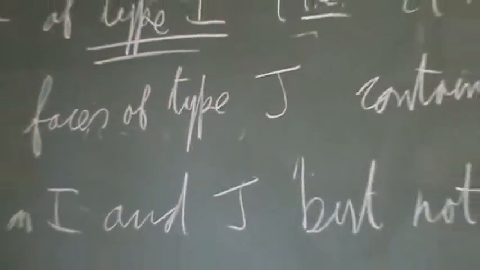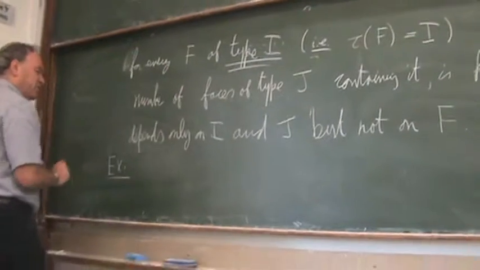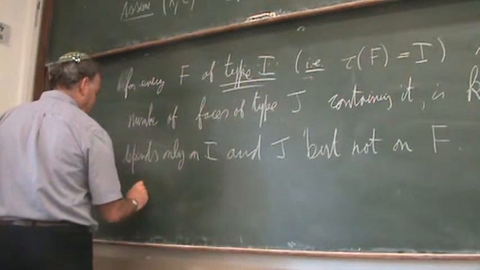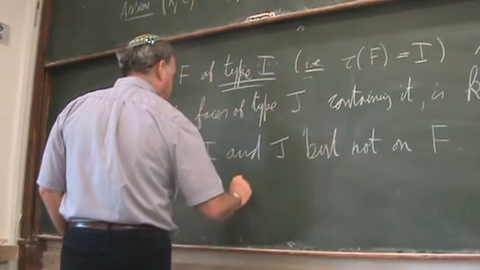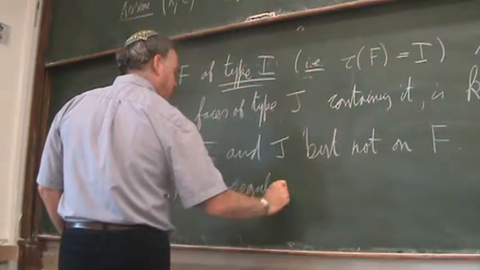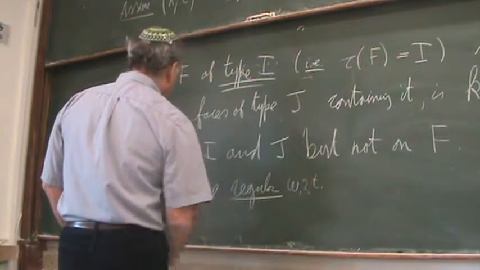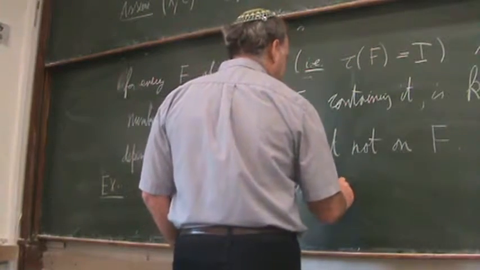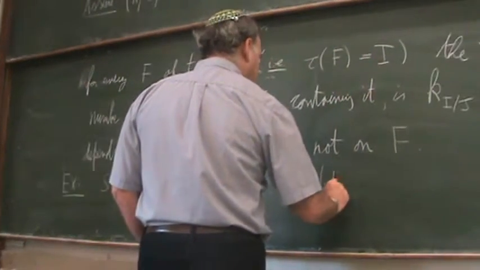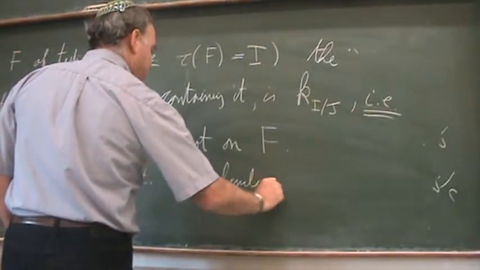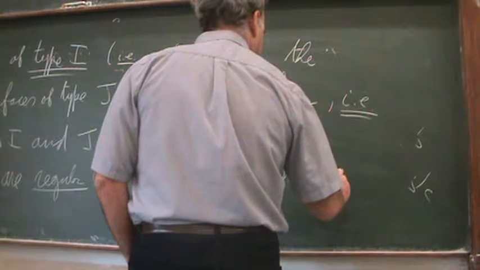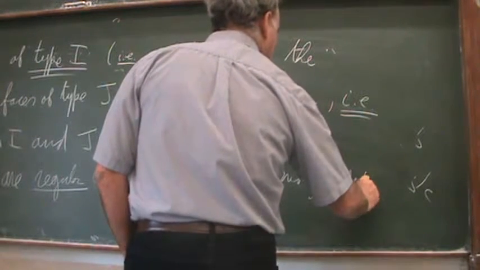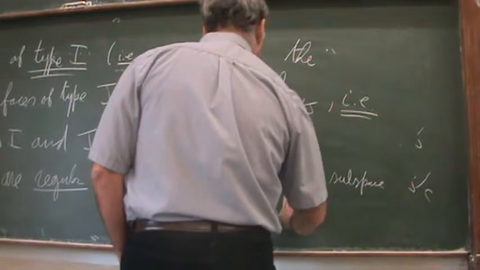So maybe, I mean, it's easy to prove, but let me give it to you as an exercise, just to convince yourself that S and Q are regular with respect to the type function, which is the natural one, sending a subspace to its dimension.